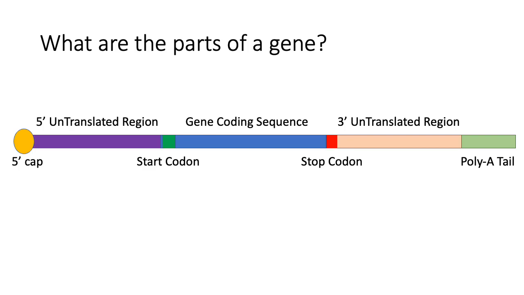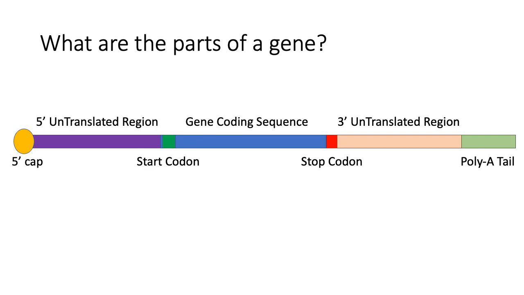Now, there are 3 possible stop codons. There's only one start codon, AUG. It can happen multiple different times, but that is the only sequence that forms a start codon in eukaryotes. The stop codon can also happen multiple times in an mRNA, but the very first one that is in the reading frame of the start codon is the stop codon. We'll get into what that actually does in a few minutes.